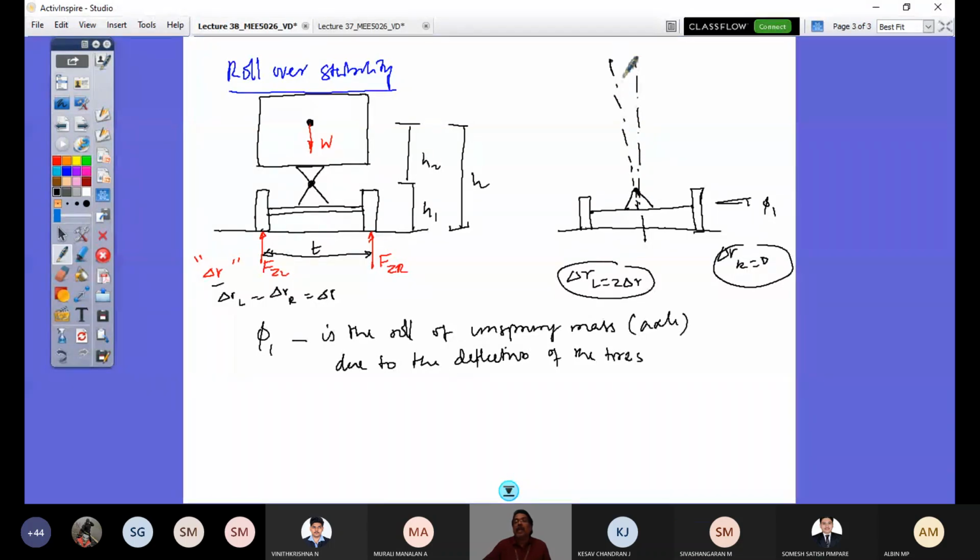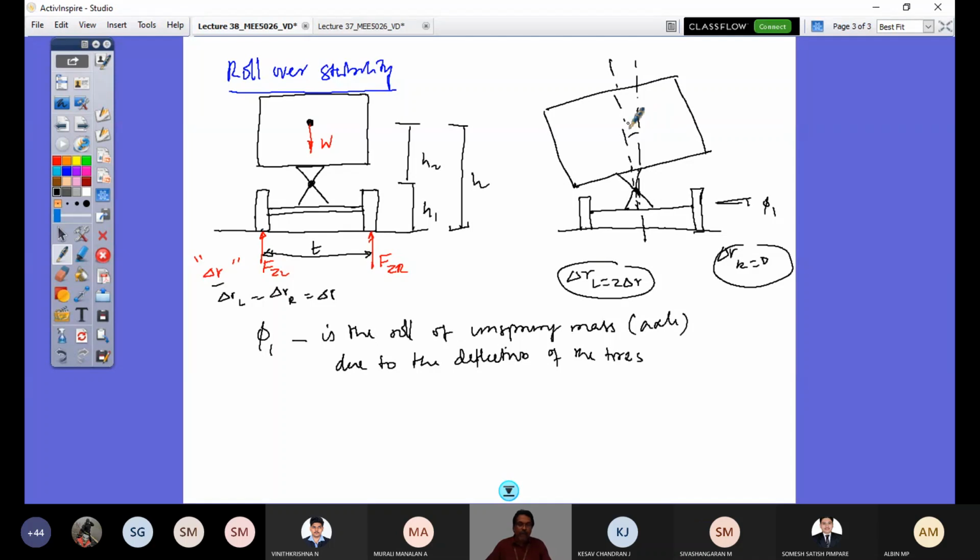So this is that angle phi 1. Let me now put the vehicle body there. So the vehicle body now would go like this. The CG location which was initially here is now transferred here. This is my CG location now.